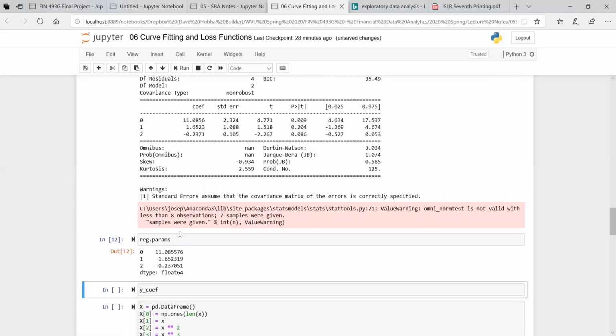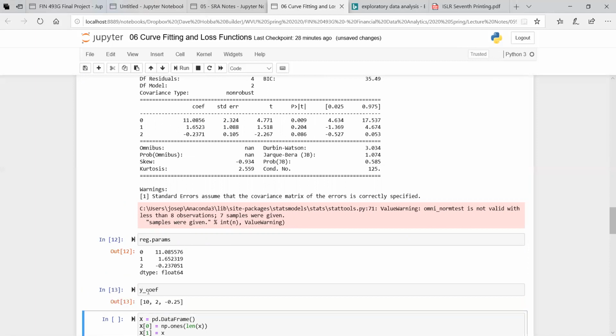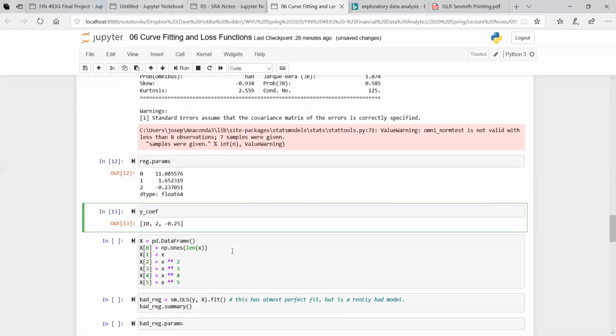But we get the regression parameters, and we can see that it is reasonably close. Remember, our coefficients were 10 plus 2x minus 0.25x squared. We get 11.08 plus 1.65x minus 0.23x squared. We're relatively close. We're not that far off.